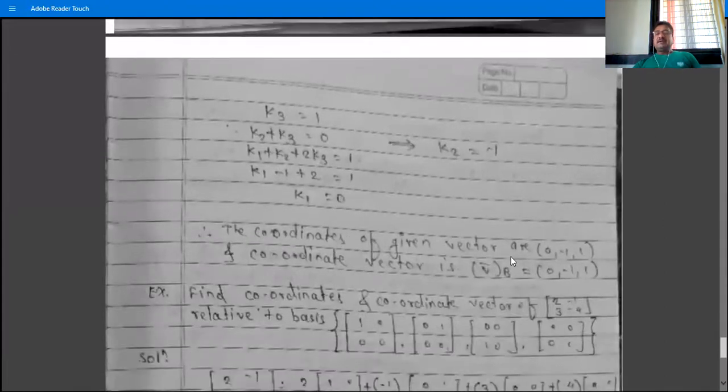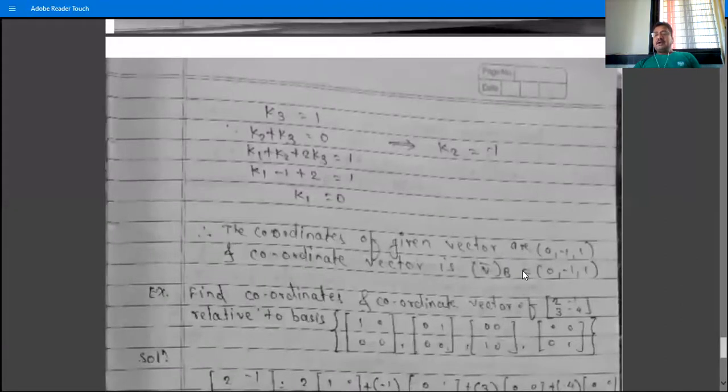So rewrite the equations. What is the first equation? K1 + K2 + 2K3 is equal to 1. The second equation is K2 + K3 is equal to 0. And the last equation is K3 is equal to 1. So K3 is 1, substitute in the second equation, we have K2 is -1, and putting both values in the first equation, we have K1 is 0. Therefore the coordinates of the given vector are 0, -1, 1.